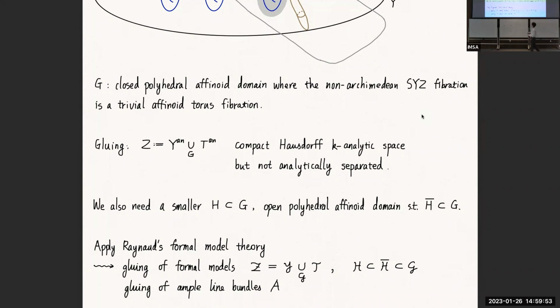It's not going to work. But still, we can glue line bundles on the special fiber. That's the best we can do, and that's all we need, because the use of line bundles is to be able to take degrees of our curves, and for this we only need them to exist on the special fiber.